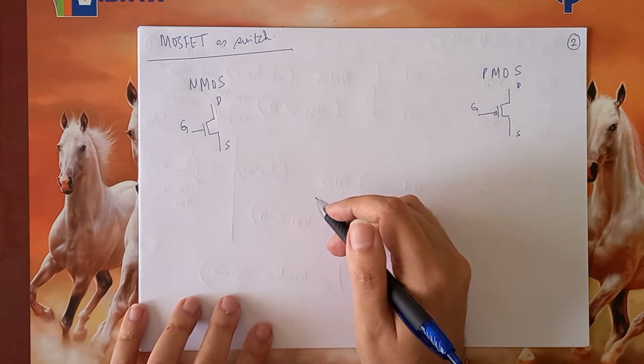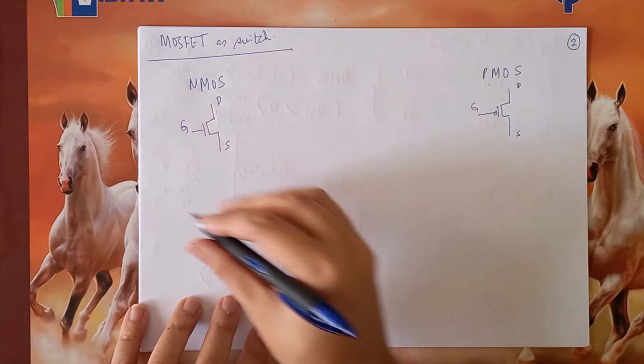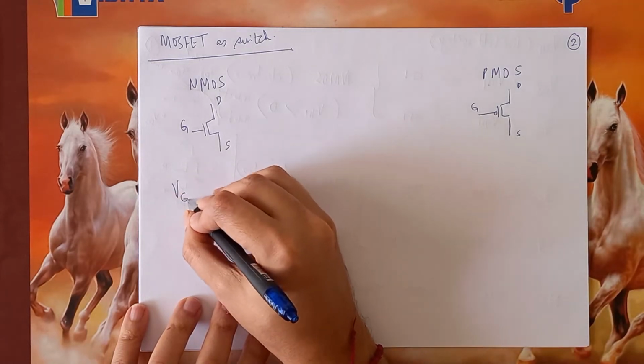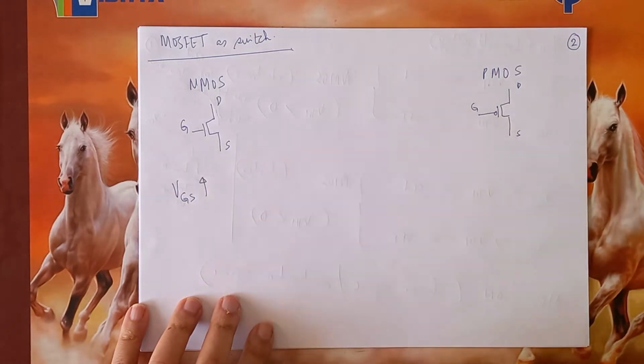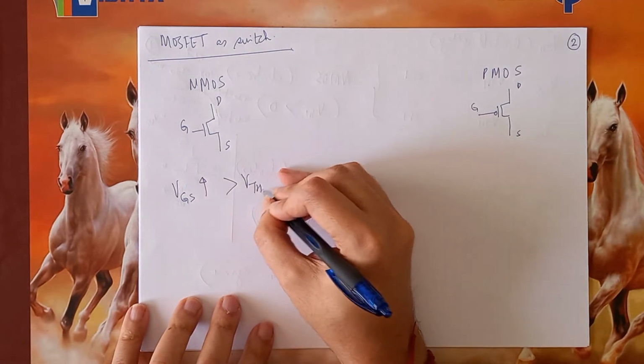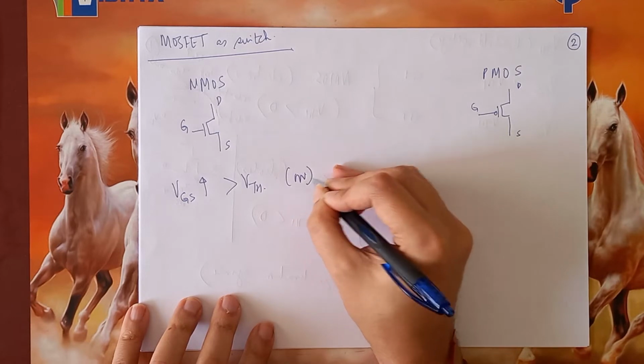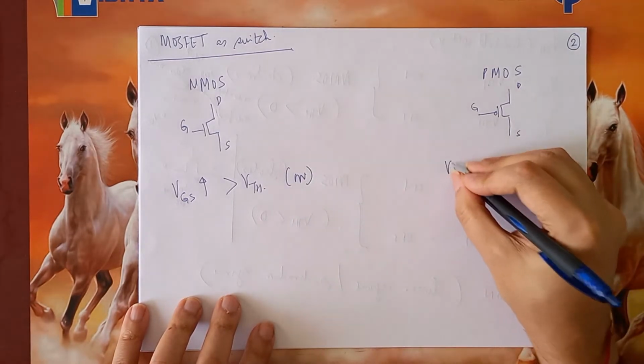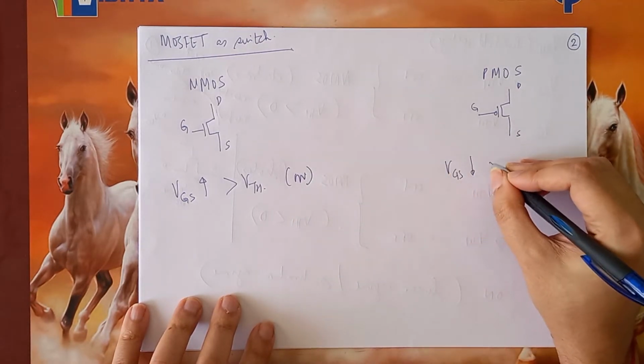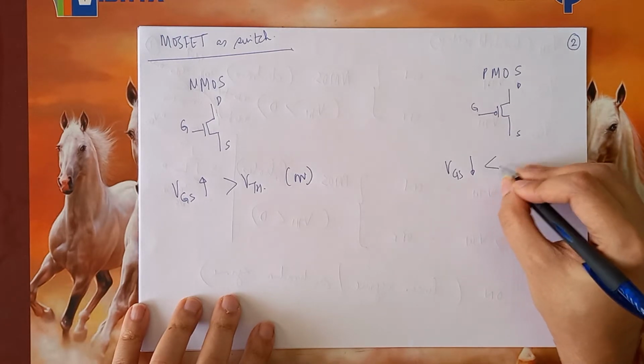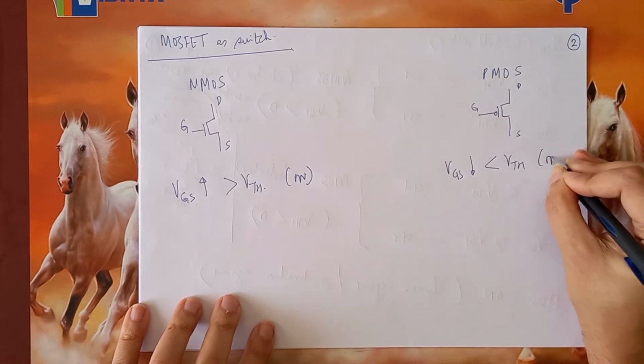So effectively, what happens is that if VGS is high, that is, if it is more than the VTH, this is on. And here, if VGS decreases, or that is like saying it's less than VTH, in this case, the PMOS is on.